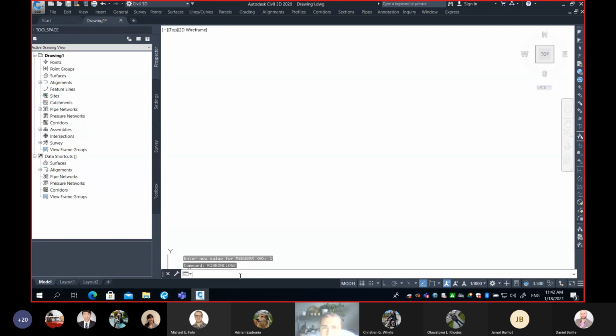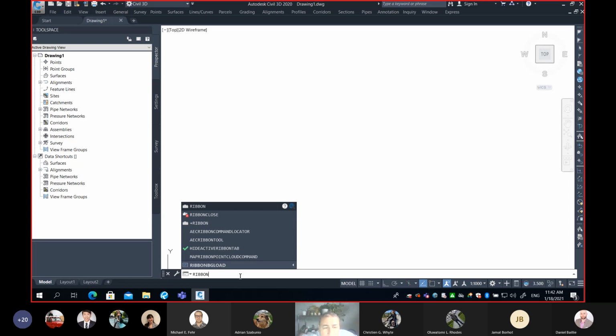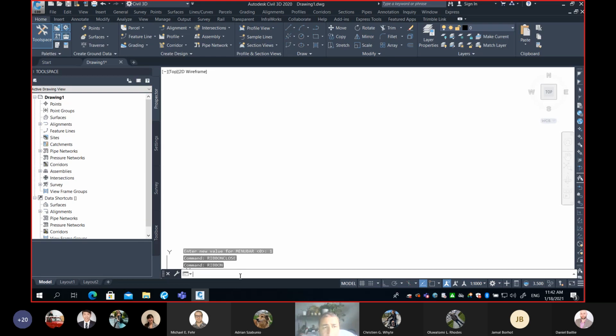Maybe I don't have two screens, maybe my laptop is maybe 14-inch, and I want more area, then I can hide my ribbon. But in general, the ribbon is very handy. And if you want to show it, here we go. You go back and type in RIBBON. When you type in ribbon, you can see one more time, my ribbon is there. And remember, so far, there is nothing new. In AutoCAD, there is a ribbon, there is a command line, there is a menu bar.